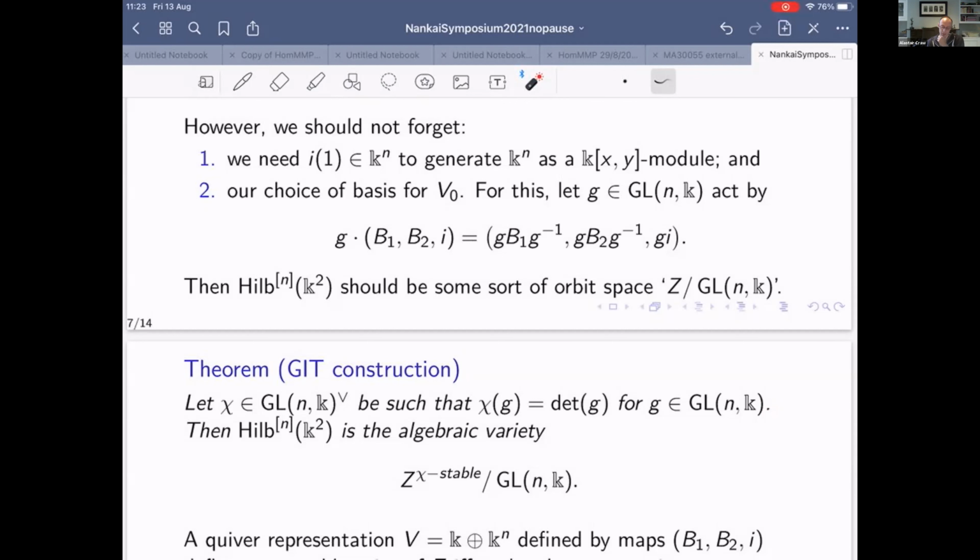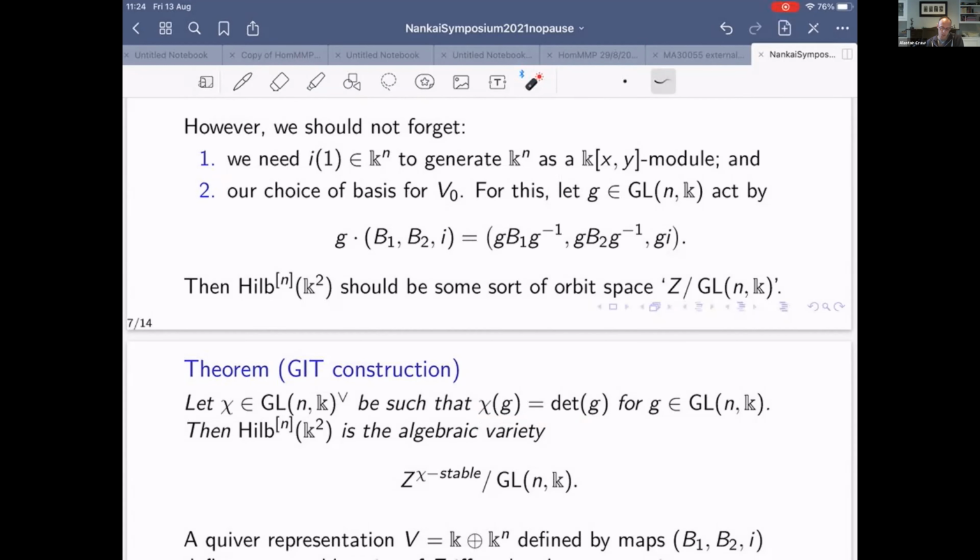The character group of GL_n is isomorphic to the integers. A general character is of the form det(g)^θ, and I'm choosing θ equals 1. So I'm choosing a character of the group, and what that's going to do is tell me which parts of Z to throw away before I make an orbit space.